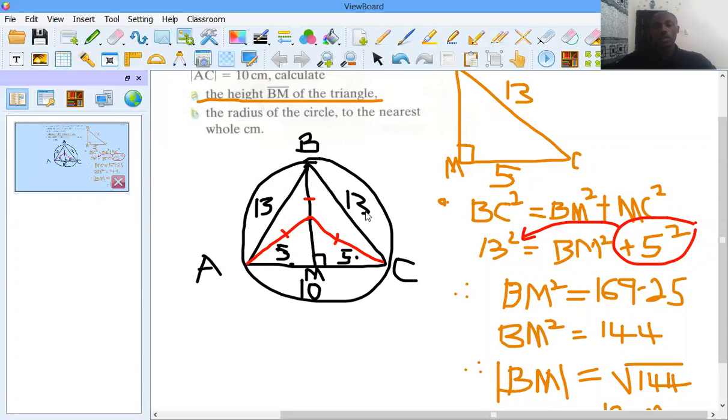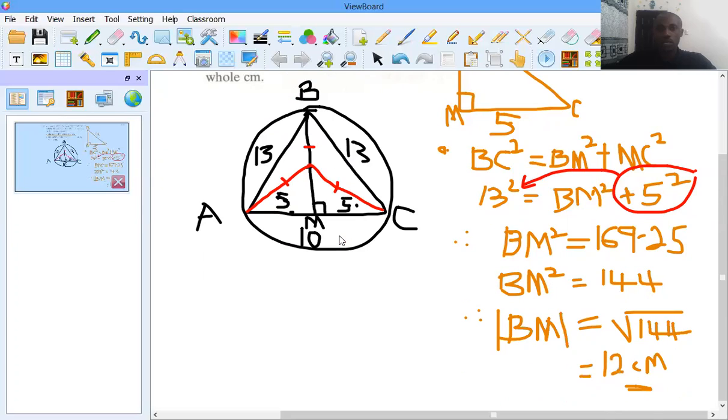Let me just bring out the triangle from the circle, so you see how it looks. So something like this, and here is 13 centimeters, while this is 13 centimeters, and this length is 10 centimeters.